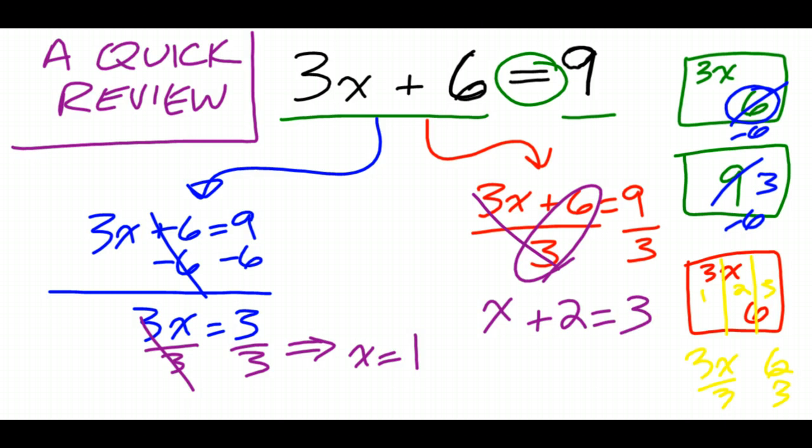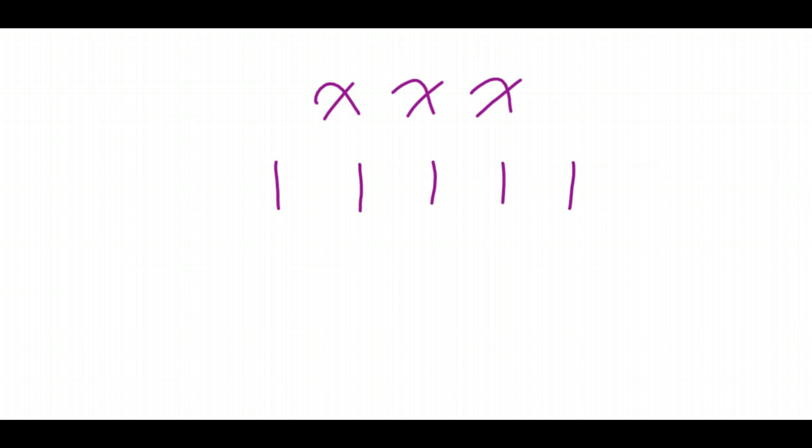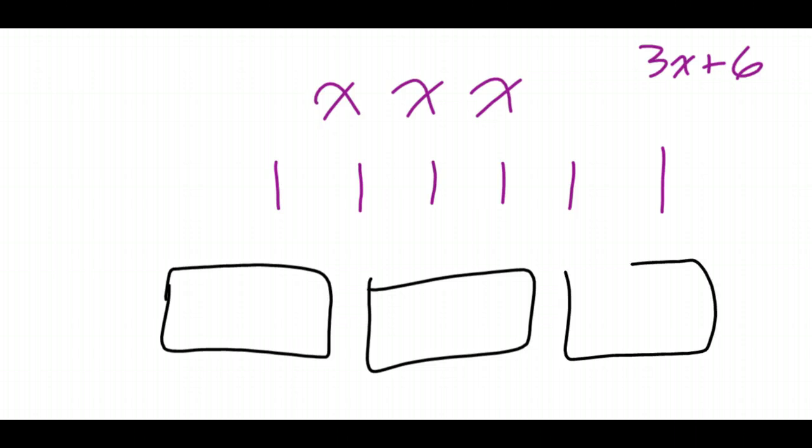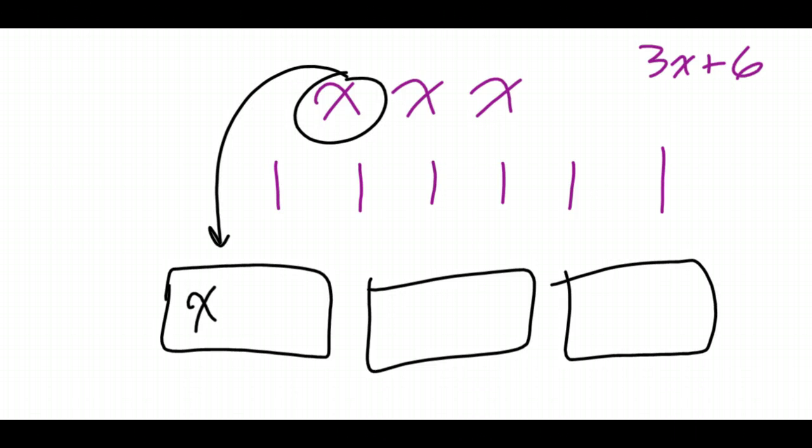Let's go to a new page here for a second, because if we have 3 x's and 1, 2, 3, 4, 5, 6, this represents together 3x plus 6. And with 3x plus 6, we want to split it into 3 groups. That means 1x is going to go into each of those 3 equal groups.